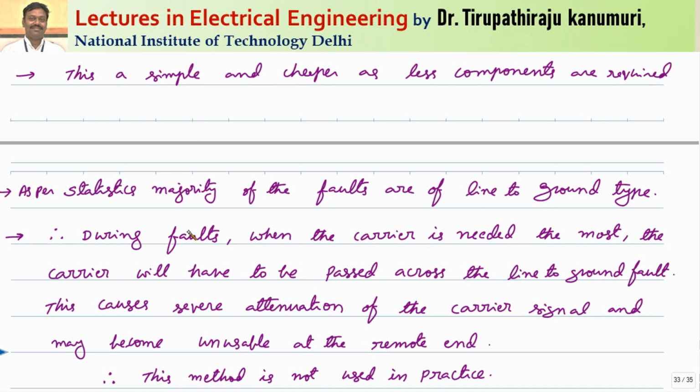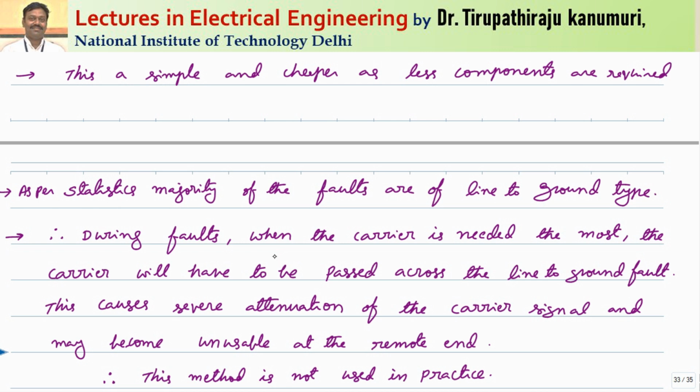But as this signal mainly passes with reference to the ground, your signal is at some potential. During faults, the carrier should still be transmitted, because only then can the fault information be transmitted from one end to the other end. The reason why it is required we already discussed in our last class: what is the need for carrier protection.